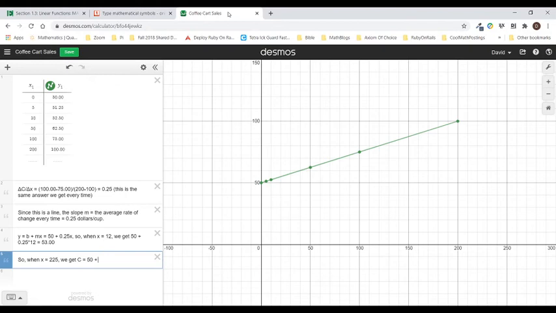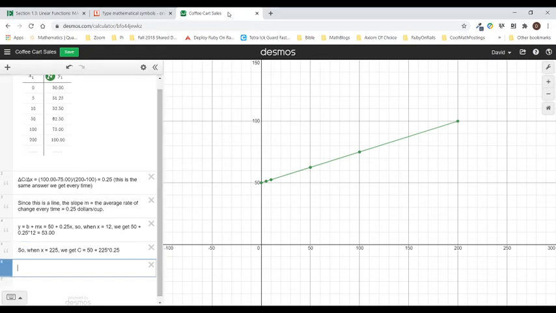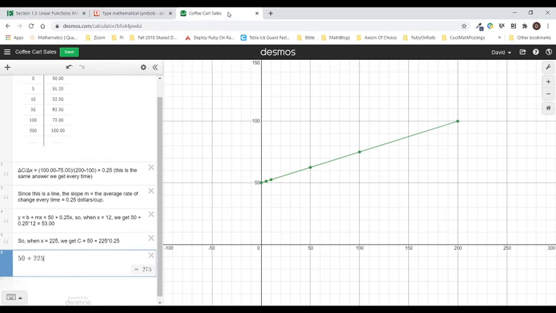And now I'm going to cheat in the line below. I'm going to put 50 plus 225 times 0.25. That's going to be 106.25. And I'll put that right here. Equals 106.25. Trying to be smart about the way I'm using calculators. All right, so that should be the cost of selling 225 cups of coffee.